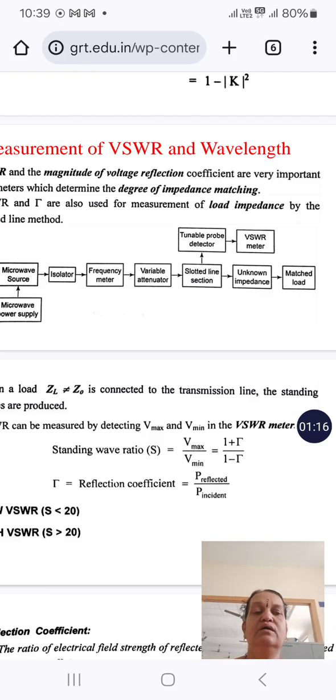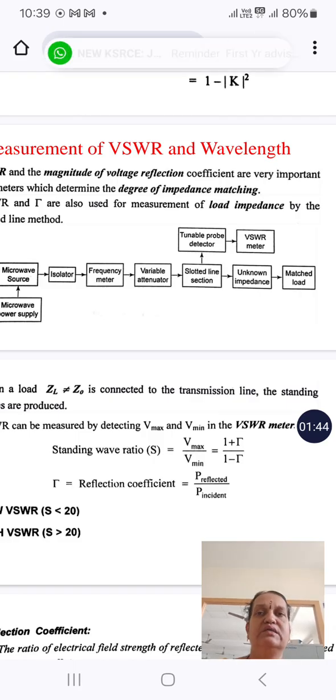If we cannot make a transmission line of the whole length in one stretch, it will be split into parts depending upon the manufacturing process.